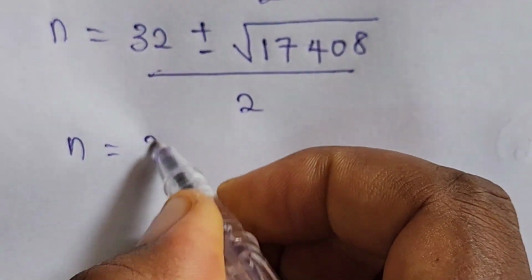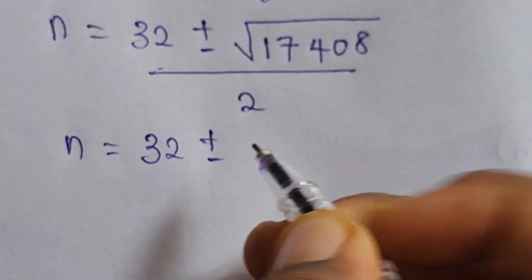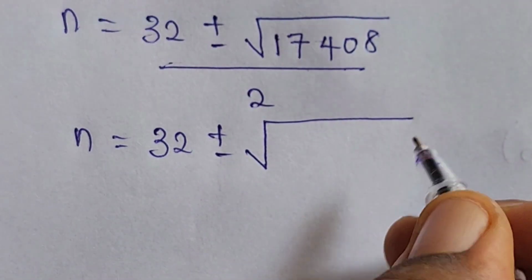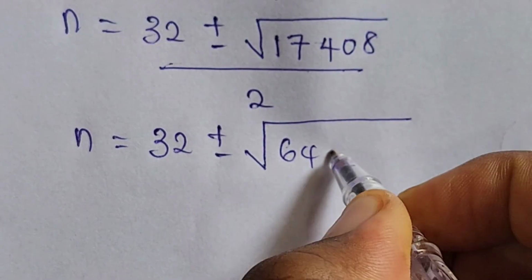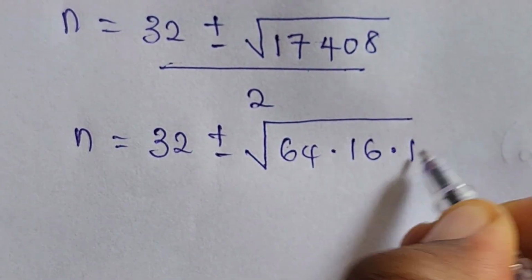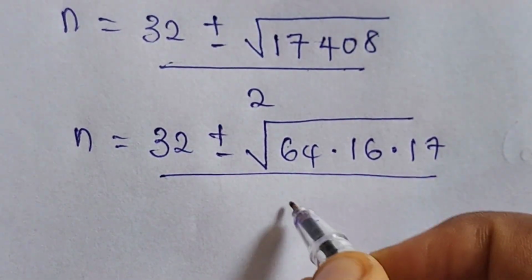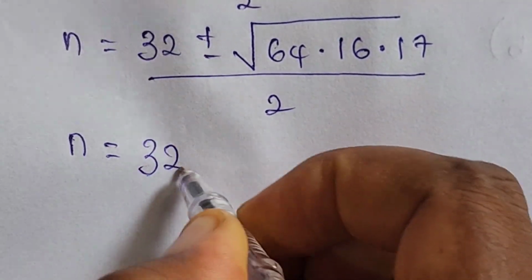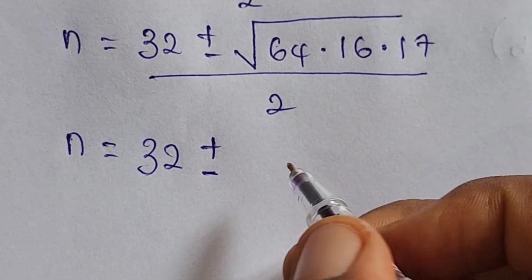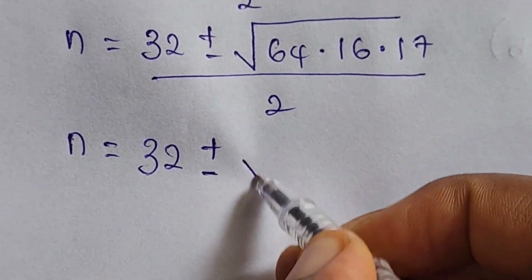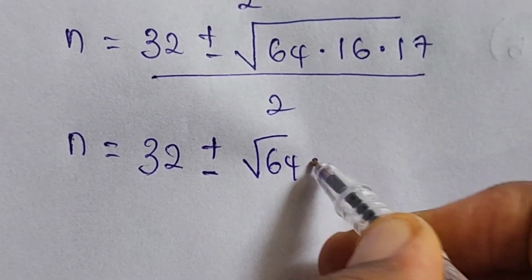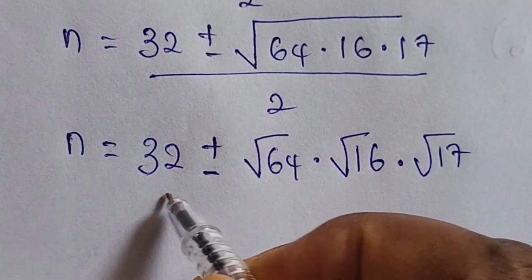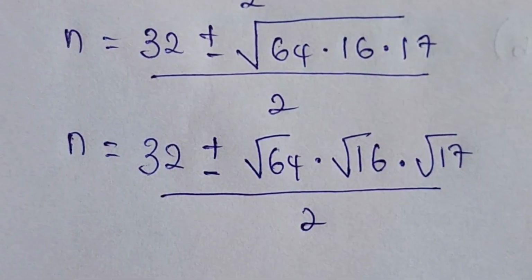Our n is equal to 32 plus or minus, we can split this figure to have 64 times 16 times 17 all over 2. So n is equal to 32 plus or minus root 64 times root 16 times root 17 all over 2.